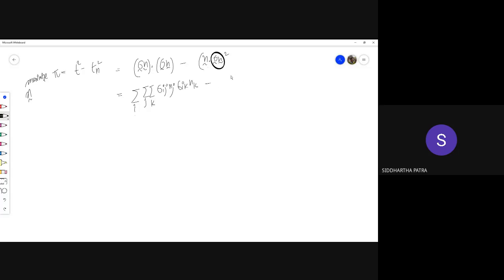And this component right here is going to be summation over i, summation over j, sigma ij n i n j. And then this thing squared.